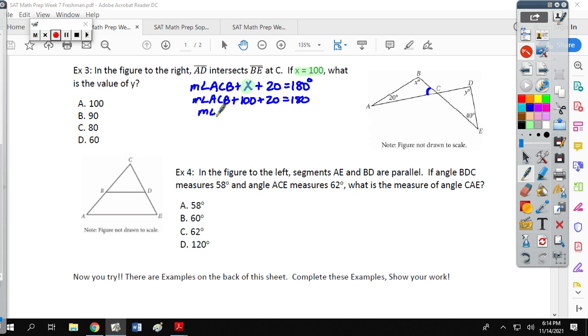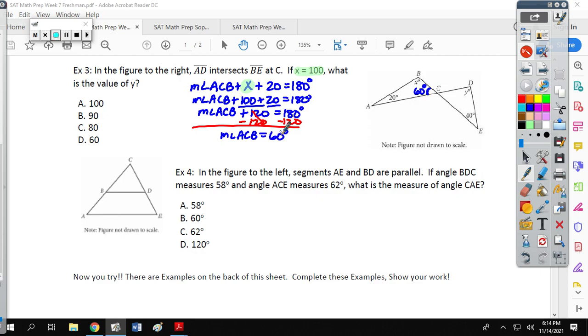And we would solve for the measure of angle ACB. So we'd add like terms, which would be 120. And then we would subtract 120 from each side. And we would get that this angle here is a 60-degree angle. The measure of angle ACB is 60 degrees.